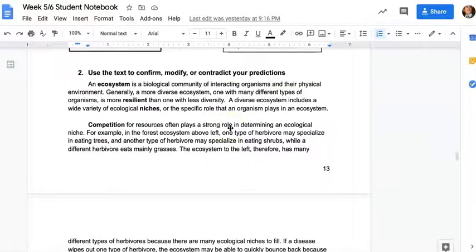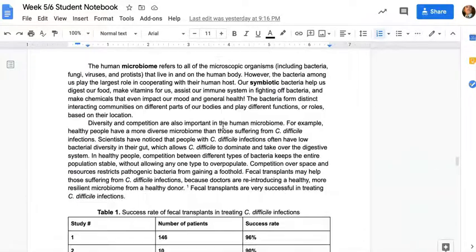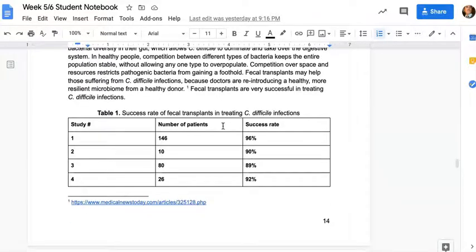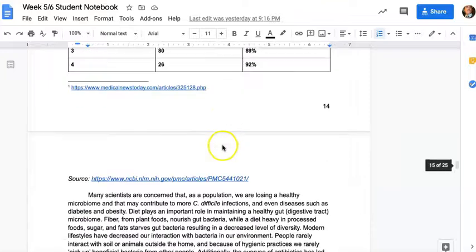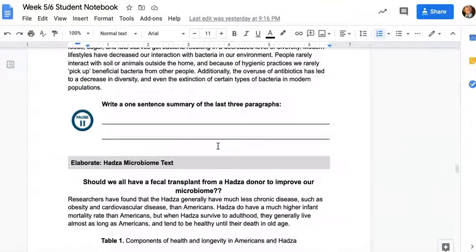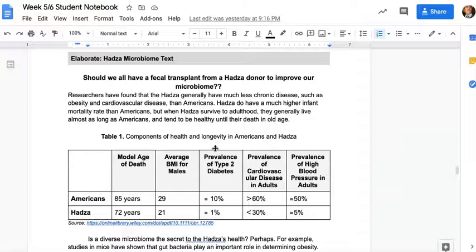And yesterday, at the end of the notebook, you read about how fecal transplant is not something that everybody would want to do, but if it was a pill, almost like taking probiotics like people do now, if there was this sort of success rate, I think it would be a very popular thing.